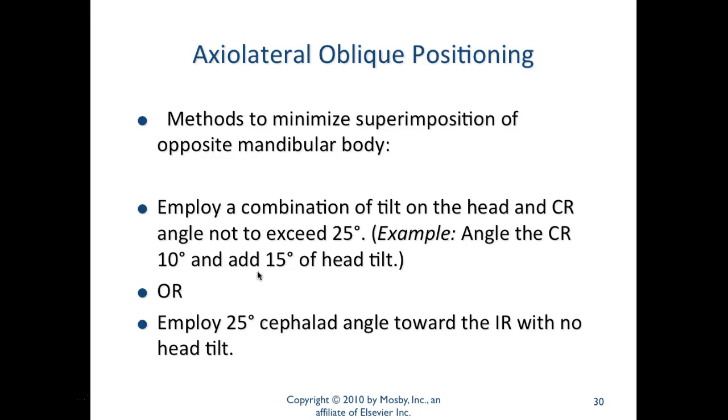When we're doing a combination of the angles, we're angling cephalad 25 degrees. So we have two angles that go into the mandible. One is the MSP towards the image receptor. The other is the top of the head towards the image receptor, or employing a 25 degree tube angle or combination to equal 25 degrees.